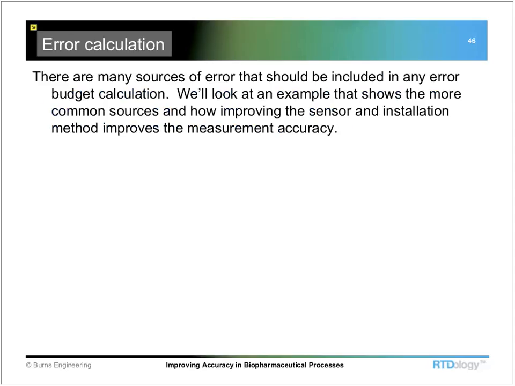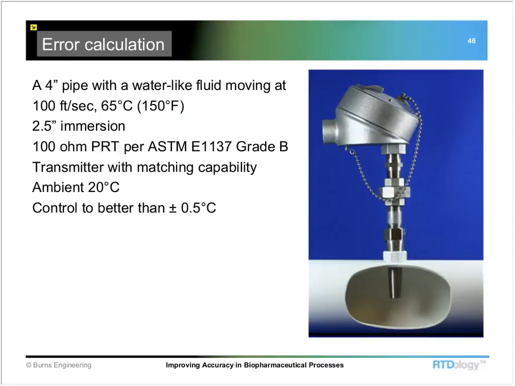The last thing I want to talk about here today is some of the other error sources that come into play when we're doing any kind of an error budget calculation. So if we look at a typical application, here we have one that's got an immersion length that's actually shorter than what is ideal. It's 2.5 inches of immersion, and we're using a 100 ohm typical PRT.